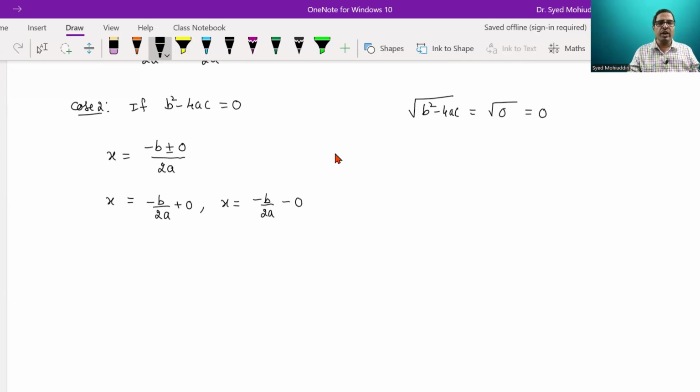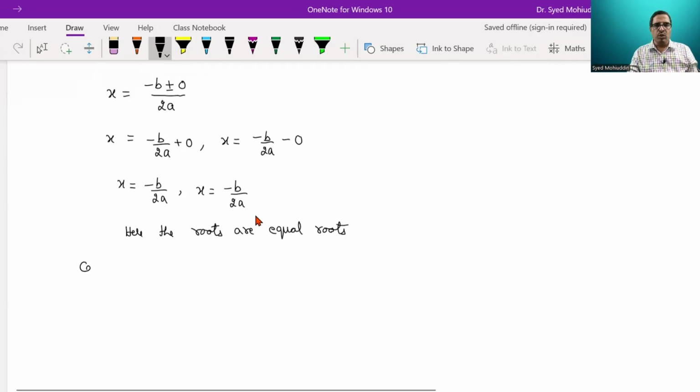But there is no need to write down this plus 0 and minus 0; it's just for explanation purposes. Therefore, we get two roots and both the roots are the same: x is equal to minus b by 2a and x is equal to minus b by 2a. So here the roots are equal roots.